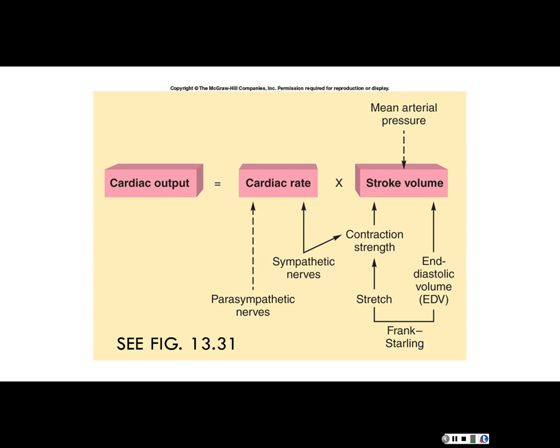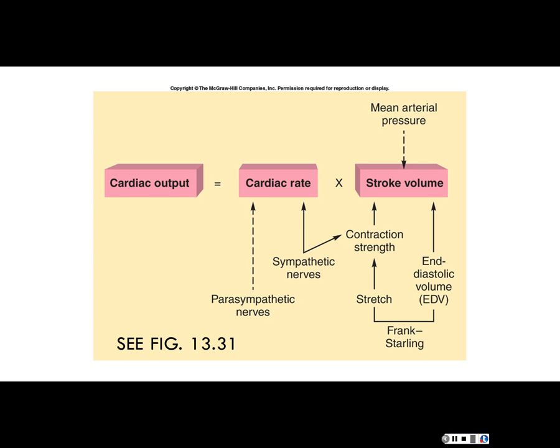And then if we look at another image, you have a similar one called figure 13.31. This is going to summarize where we've been. I just like this picture better. So if we're looking at cardiac output, you should recall that it's a product of our stroke volume times our heart rate, right? You know that the heart rate can change by both the sympathetic and parasympathetic nervous system.